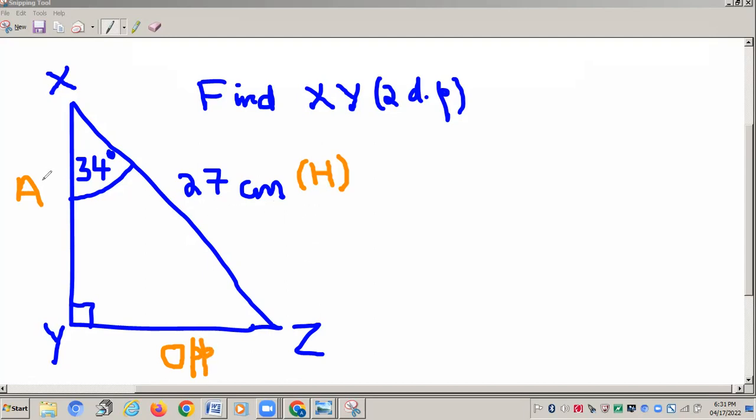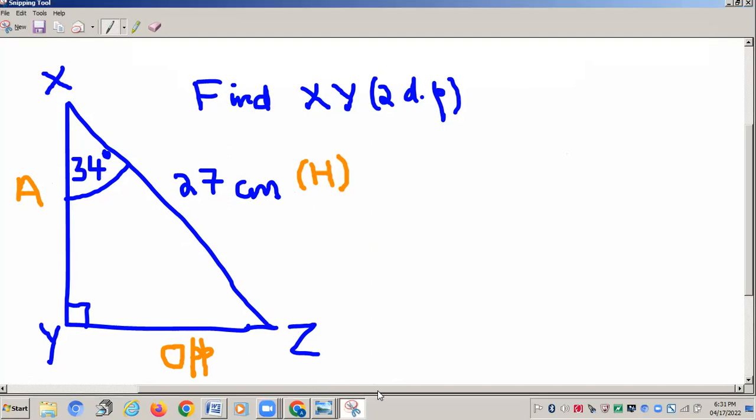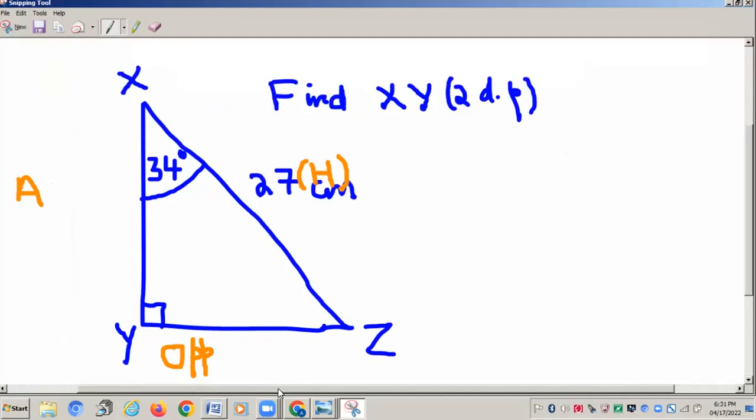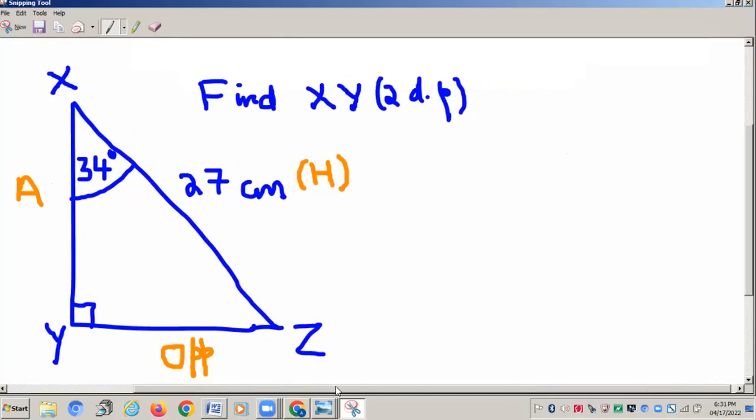That's the first thing you do here. This is the hypotenuse. This is the opposite side. This is the adjacent side.